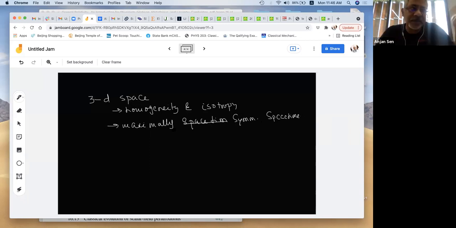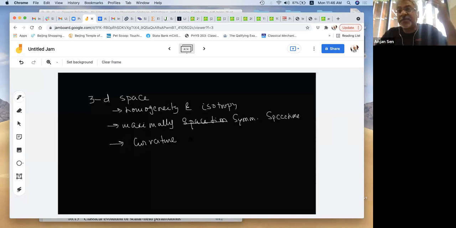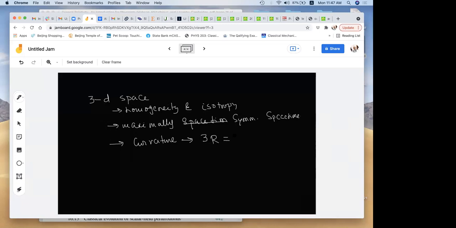Now, in general relativity, one can show that if you have a maximally symmetric space-time, then the curvature is constant. Here we have a 3D space, which is maximally symmetric, with homogeneity and isotropy. So the Riemann curvature of this 3D space, if I write it as 3R, is a constant.